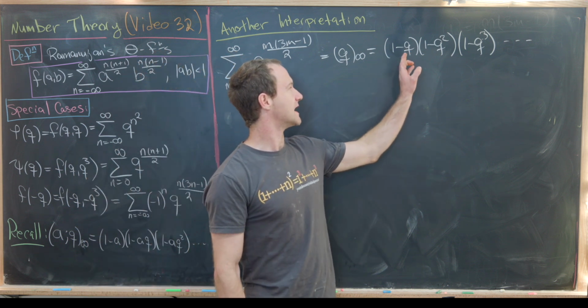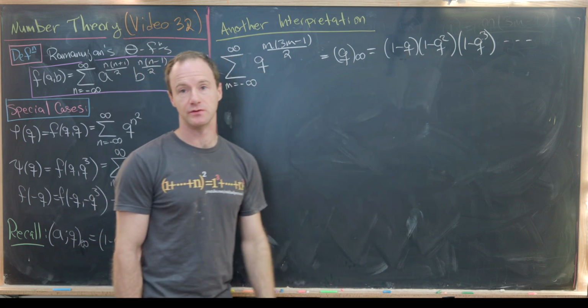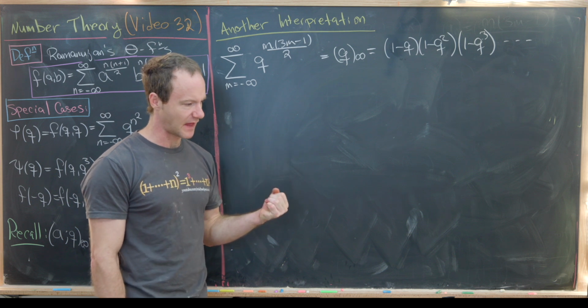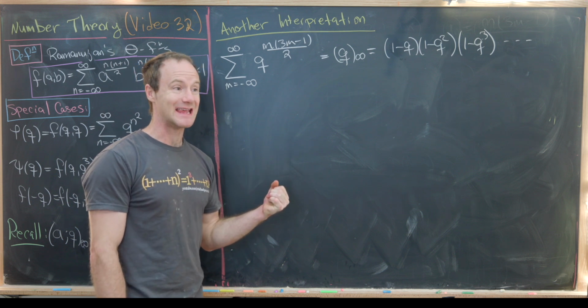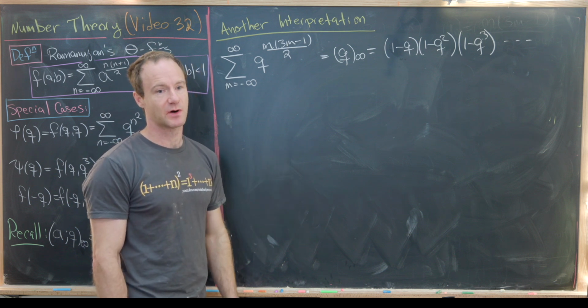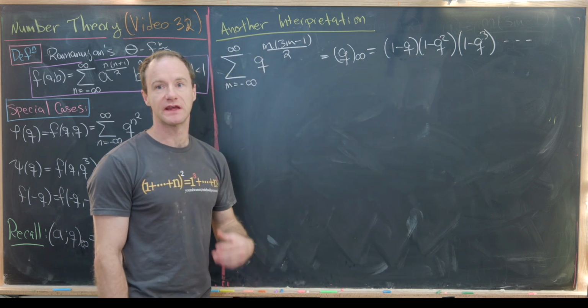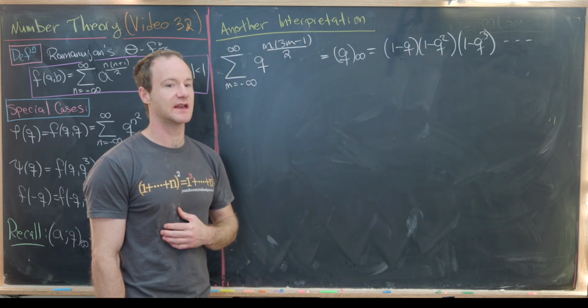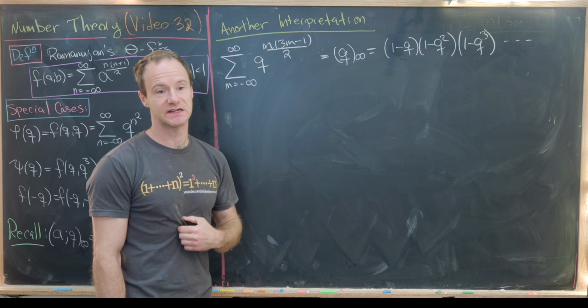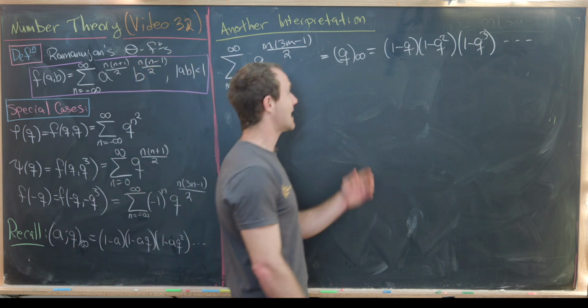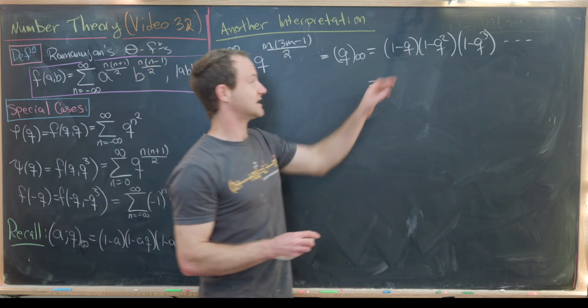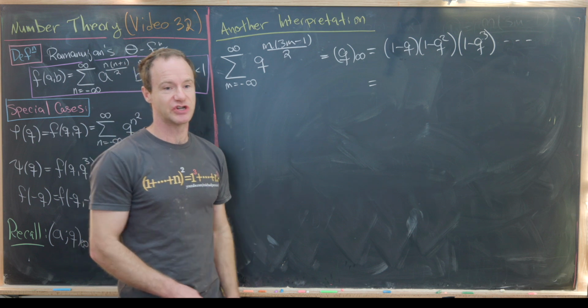Notice if we multiply an even number of q's, we'll get a positive number. And that'll be like using an even number of distinct parts. If we multiply an odd number of these q's, we'll get a negative number. And that's like using an odd number of distinct parts. So that means this is exactly that type of generating function.